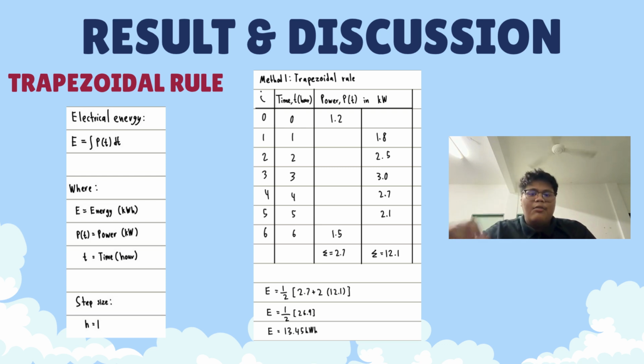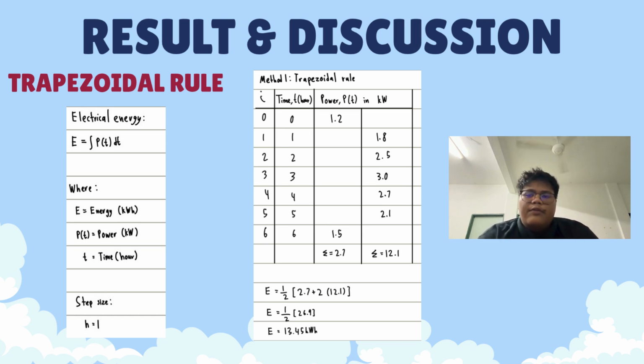Next, I will explain the step 2 method that we use, the trapezoidal rule. We calculate the total electrical energy by finding the area under the power graph. The step size is 1 hour because the reading is taken every hour.